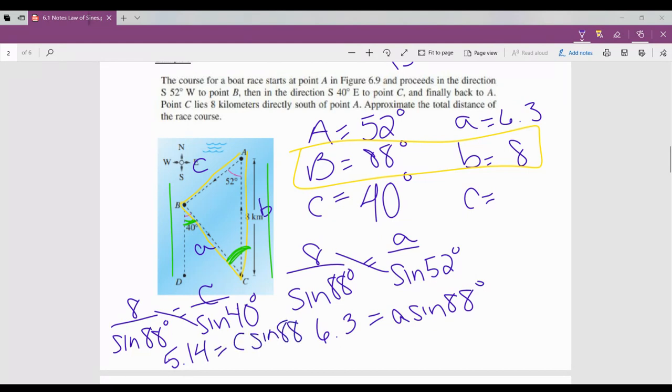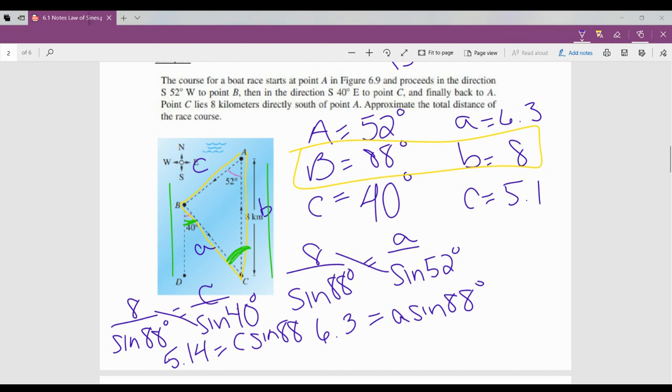Then we divide by sine of 88. I got an error on my calculator because I typed the division sign twice. There we go. So for C, I get 5.1. We're rounding to the nearest tenth.